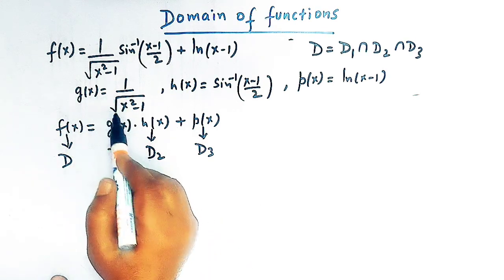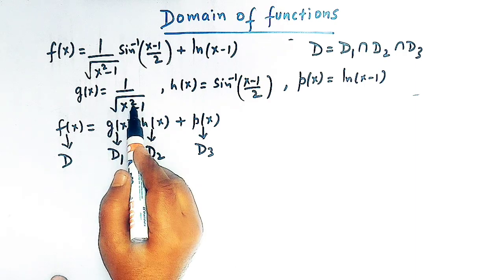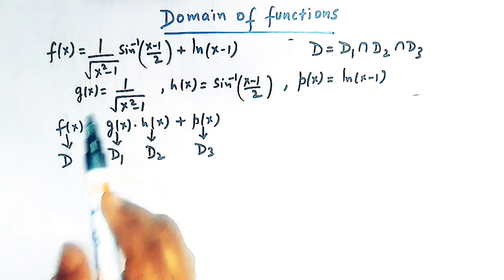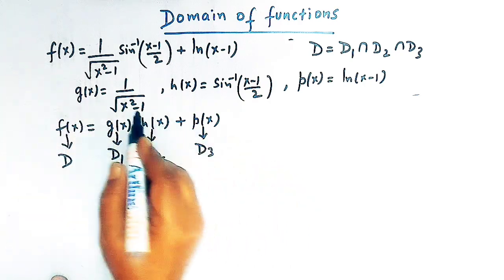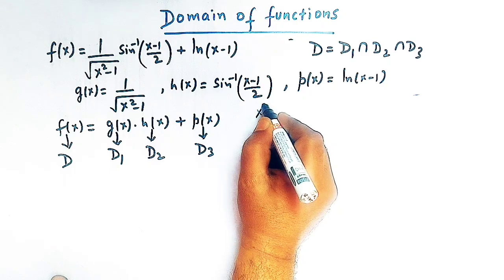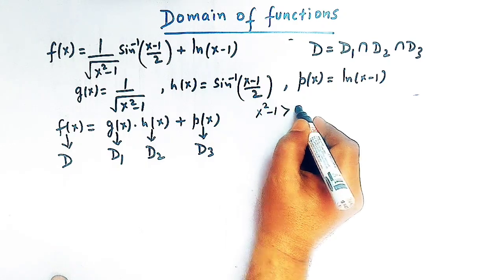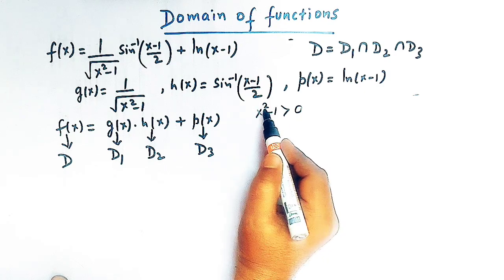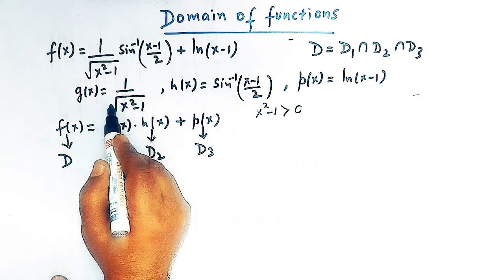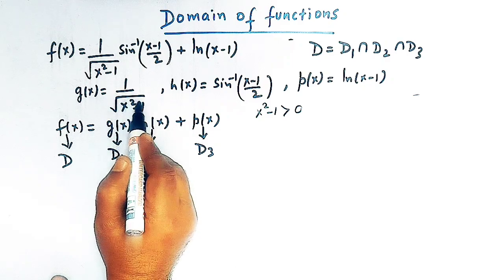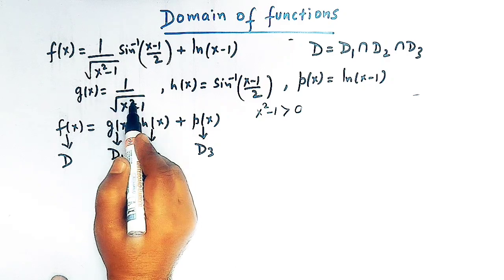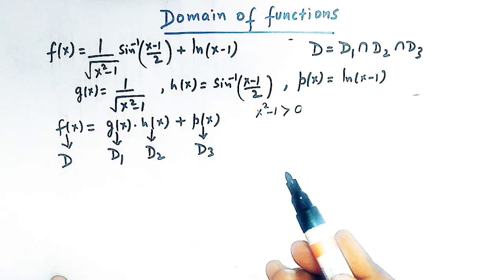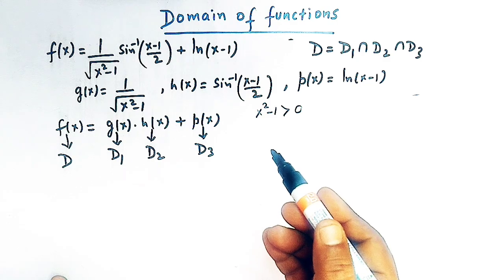Now see, here in the denominator we have square root of x square minus 1, and clearly this function g of x is defined for those values of x for which x square minus 1 should be greater than 0, right? Because x square minus 1 is inside the square root sign, and inside the square root sign we must have a positive quantity, because the square roots of positive quantities are defined in the set of real numbers.